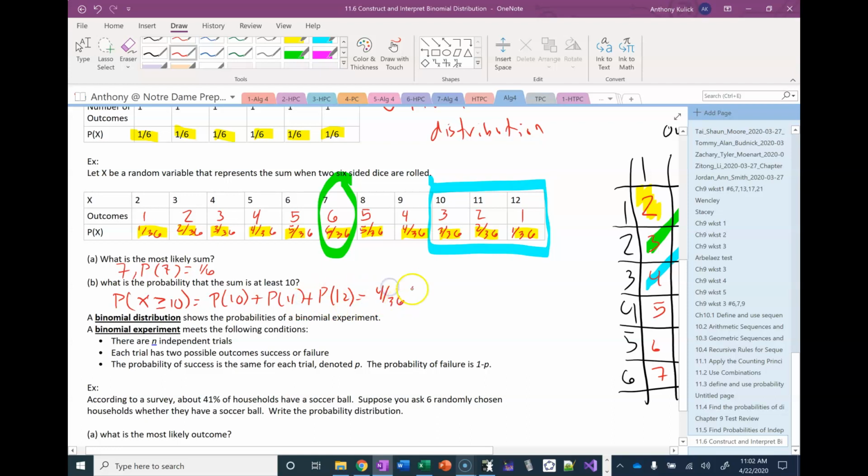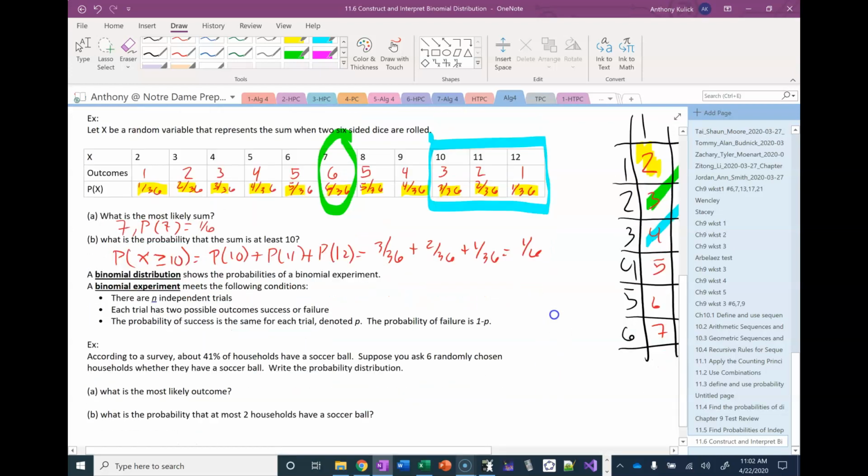So 3 out of 36, oops, I was looking at the wrong spot. 3 out of 36 plus 2 out of 36 plus 1 out of 36, which gives us 6 out of 36, or just reduces down to 1/6. So once we have the probability distribution, we can answer questions really easily.